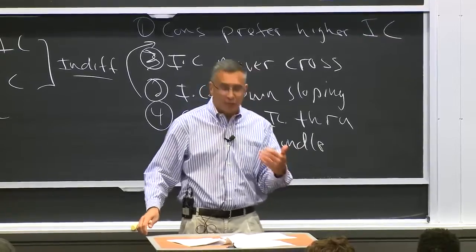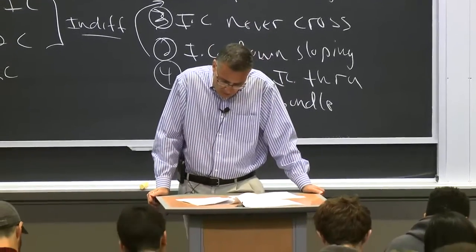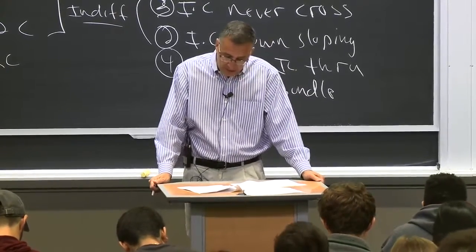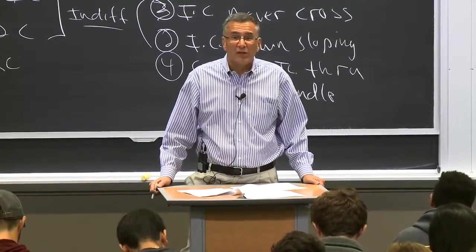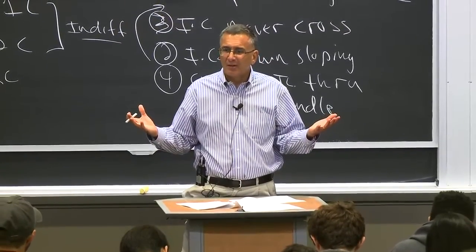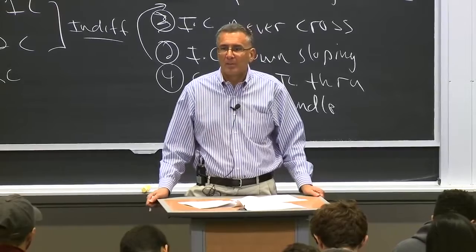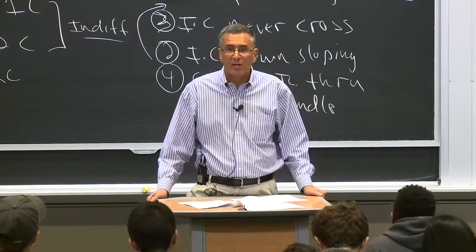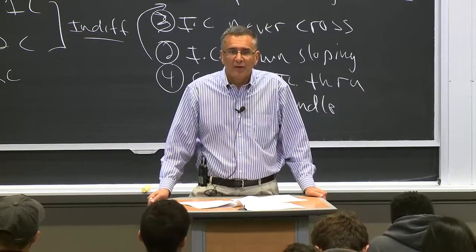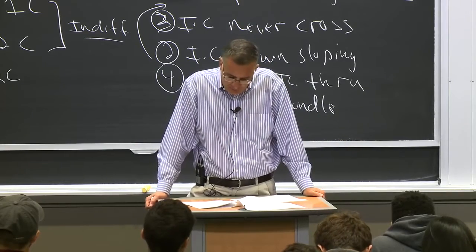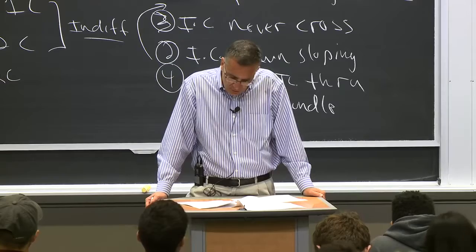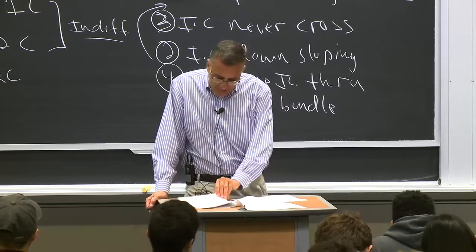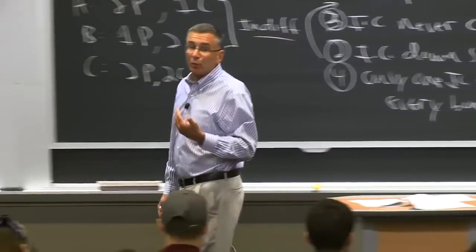You can't have two indifference curves going through the same bundle. And that's because of completeness. If you have two indifference curves going through the same bundle, you wouldn't know how you felt. So there can only be one going through every bundle because you know how you feel. You may feel indifferent, but you know how you feel. You can't say, I don't know. So that's sort of an extra assumption that completes the link to the properties. So that's basically how indifference curves work.